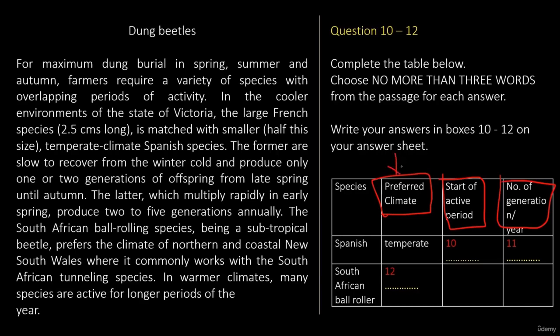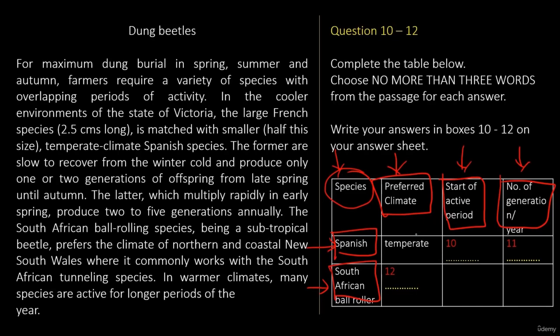I think you know what columns are, the vertical ones always, and rows are the horizontal ones. So here we have Spanish and South American ball roller as your rows, and your species, preferred climate, start of active period, and number of generations per year are your columns.